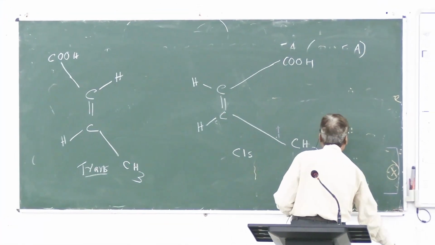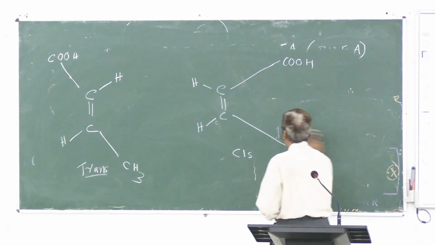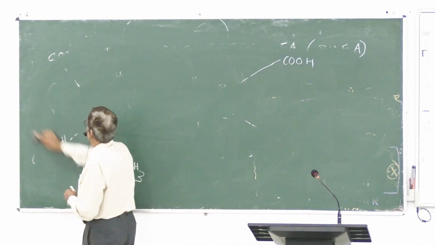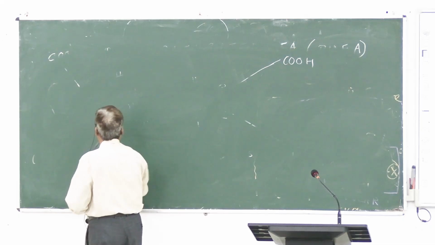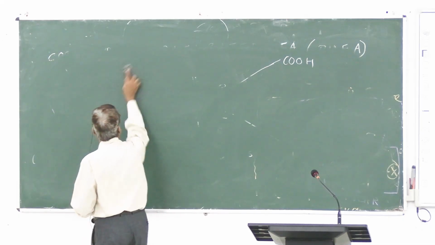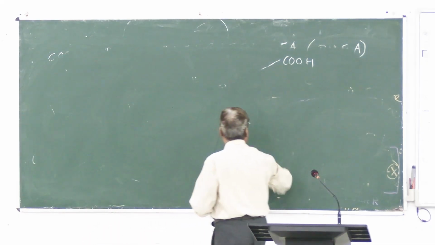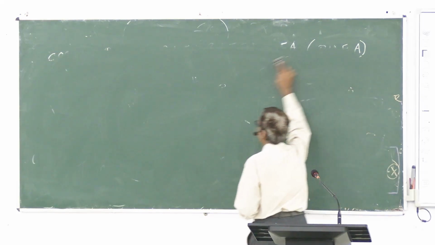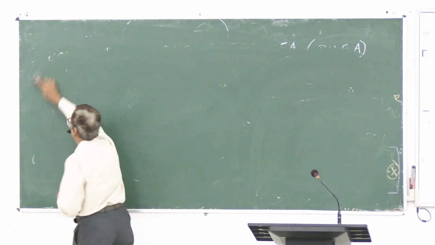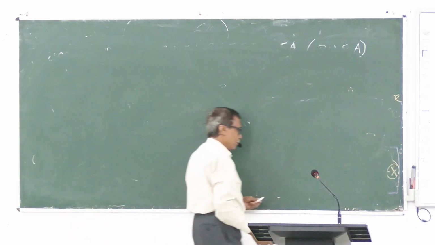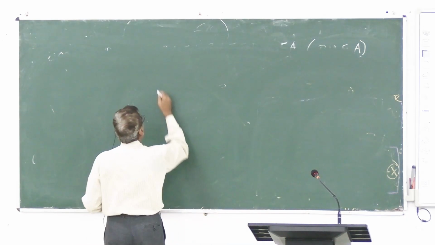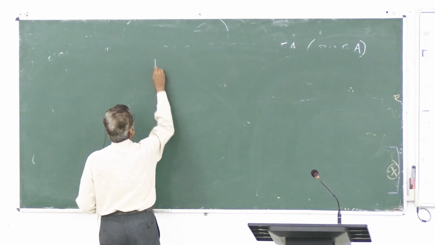Now regarding phospholipids. I have discussed phospholipids in general, but phospholipids are of 2 types according to the alcohol.